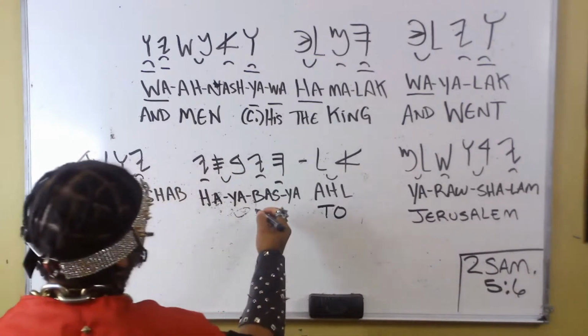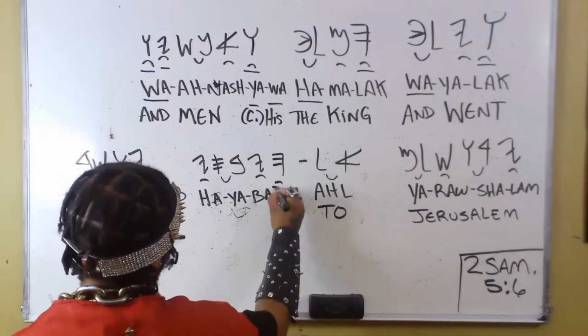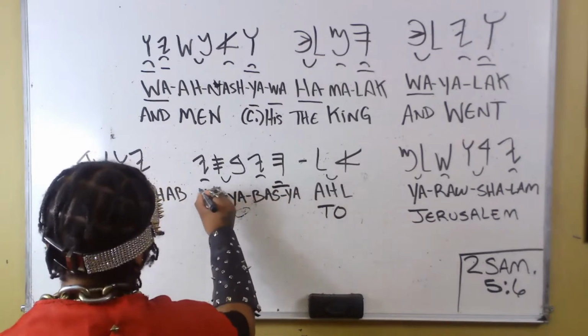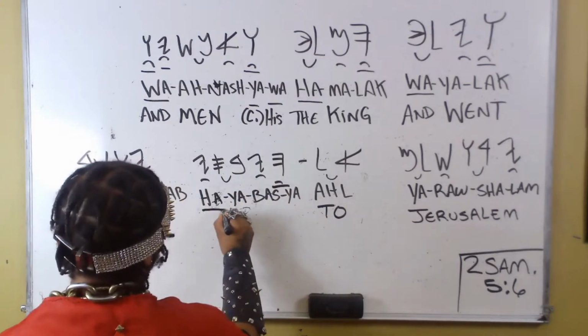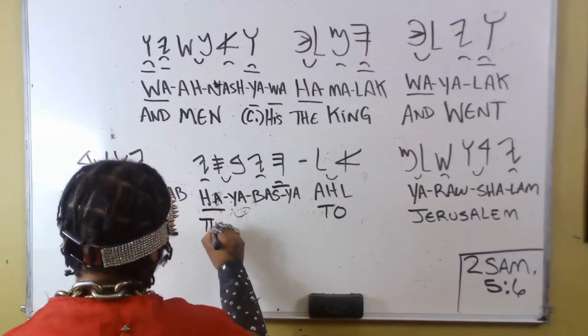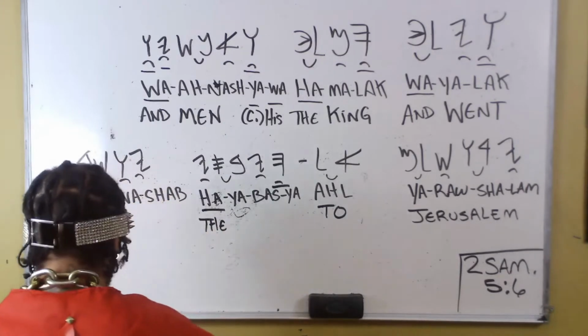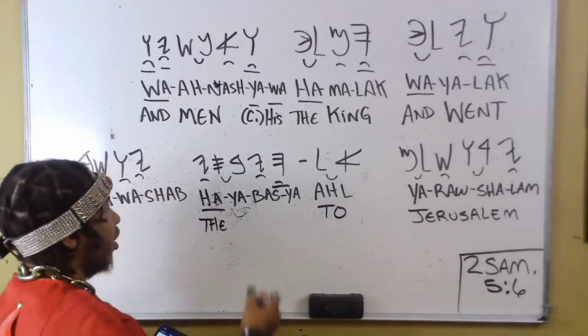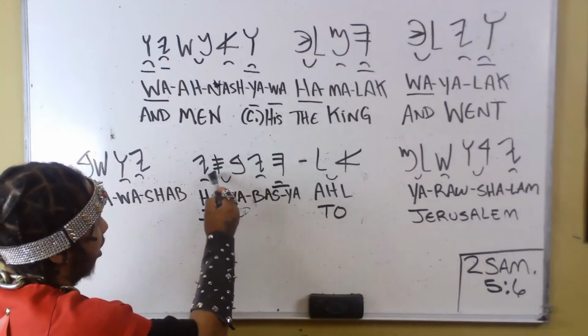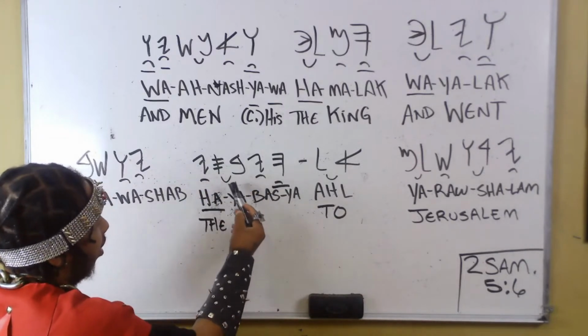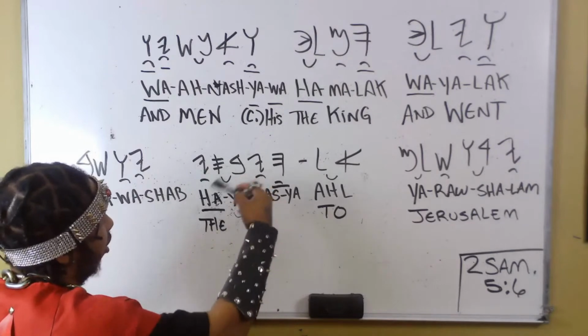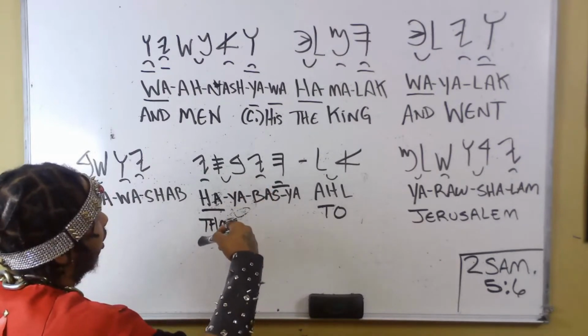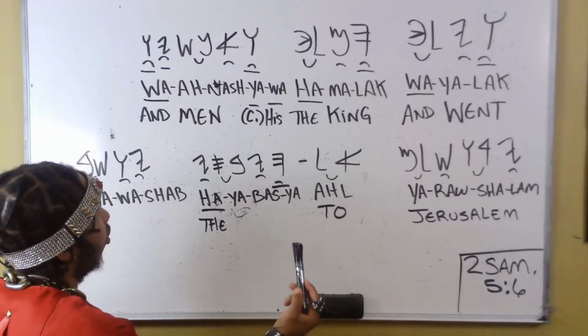Okay, so like your ha, Yabas. Ha at the beginning of a root word is the. And as y'all can see by now, this word was Yabawasia, right? But letters can drop off, like weak letters can drop off.